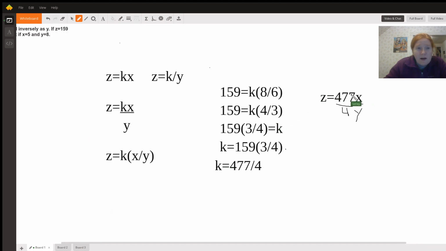So we plug in 5 for X and 8 for Y. Now this problem becomes Z equals, on the top we get 477 times 5, that's X, and the denominator has 4 times 8 for Y. Okay, so that's all we have to do. Compute that value.